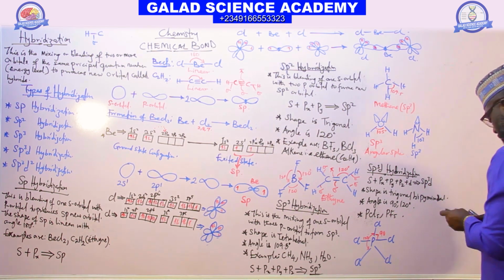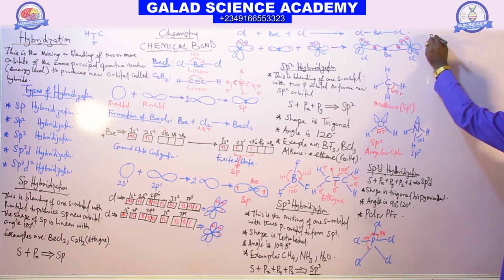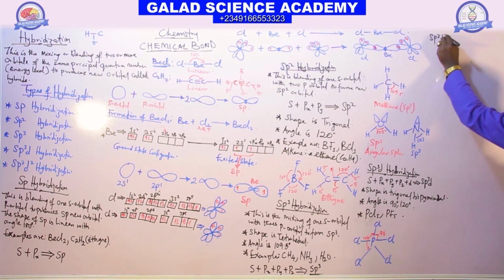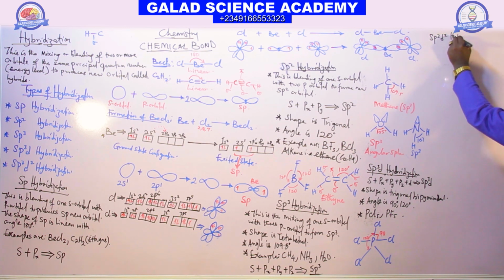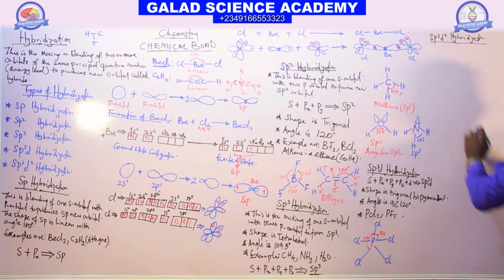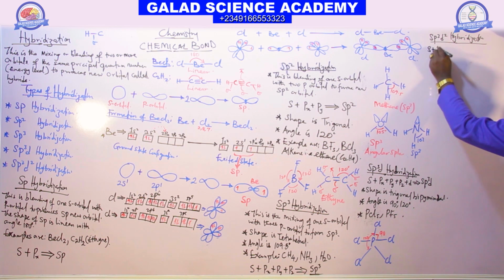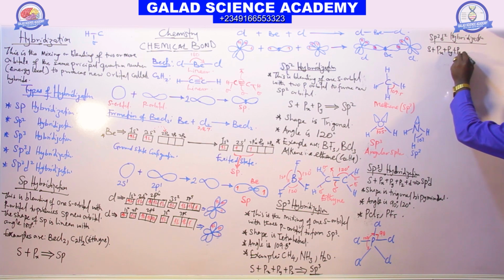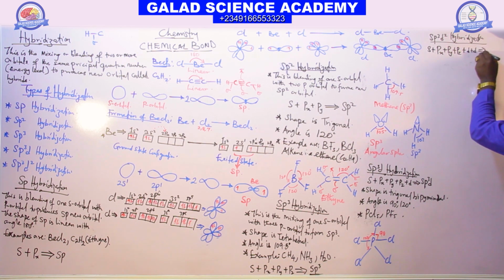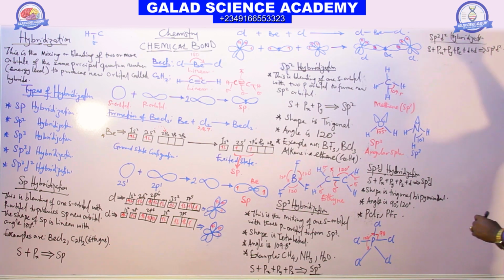And the last one is sp3d2 hybridization. This is the blending of one s orbital with px plus py plus pz plus two d orbitals, which gives us sp3d2.